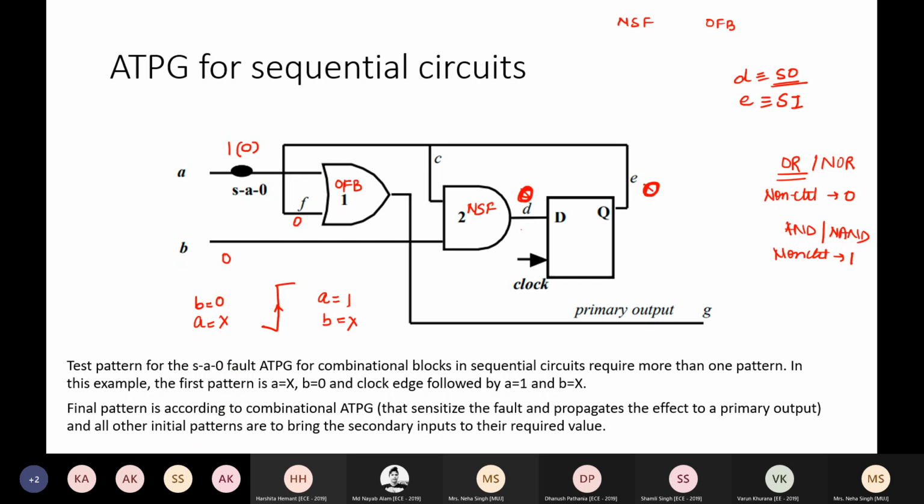B can be anything. If it is 0, the value of D still remains 0. If B equal to 1, the value still remains 0 in this case because this C is 0. So I am getting a 0 here. Even if B is 1, the value of D is 0.